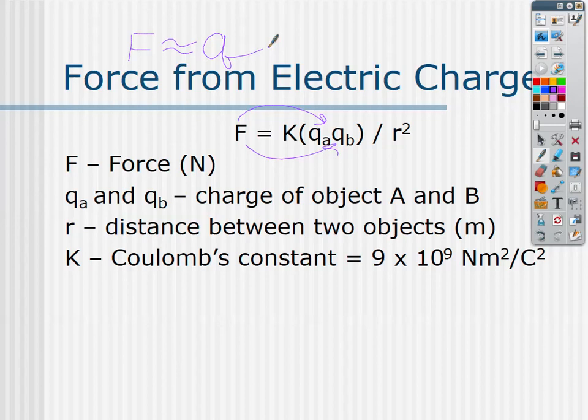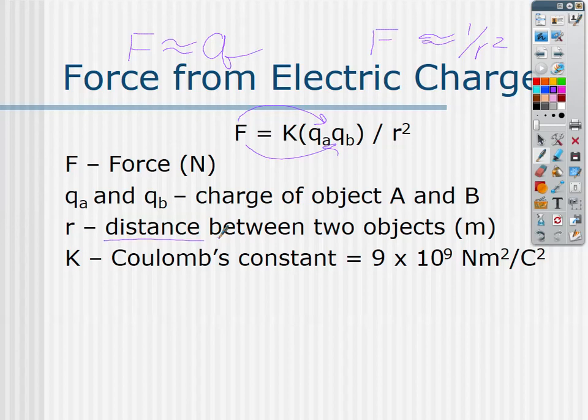But force is inversely related to the square of R. What is R? R is the distance between those two objects. It turns out the distance is more important than the charges themselves.